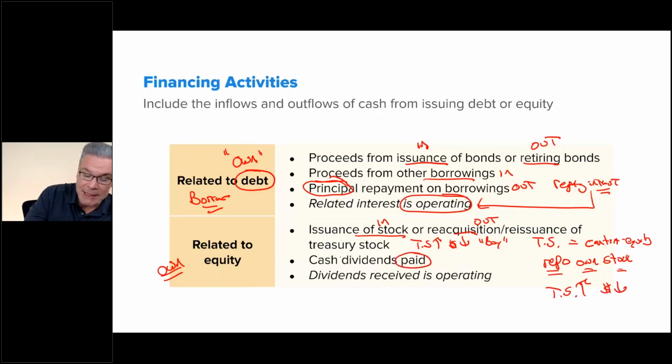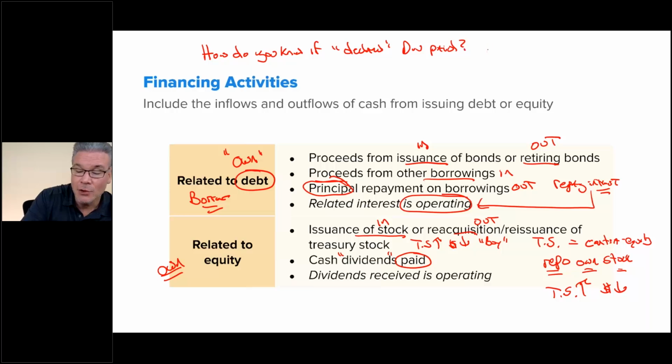Cash dividends, it's got to be paid, folks. How do I know if the dividend declared was paid? You go to your balance sheet. You've got your beginning dividends payable.